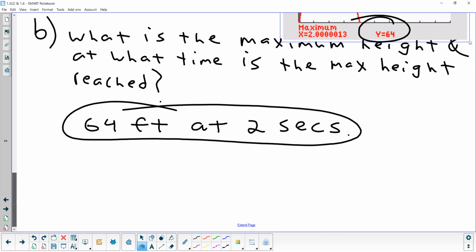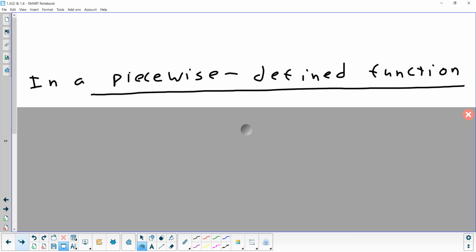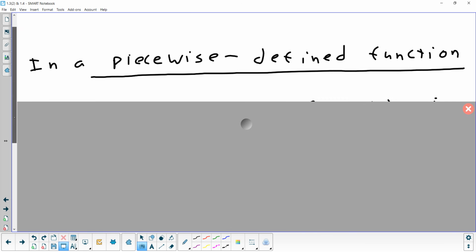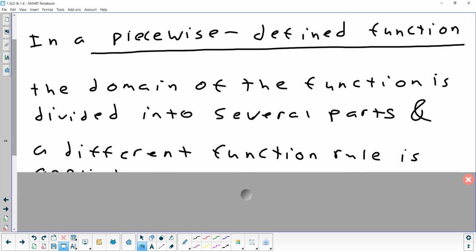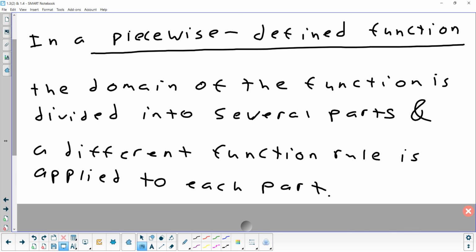All right, so the last thing in this part is graphing what's called a piecewise function. So it's more of something you have to learn how to type in on the calculator. Basically, what a piecewise function is, it's two graphs on the screen at the same time.